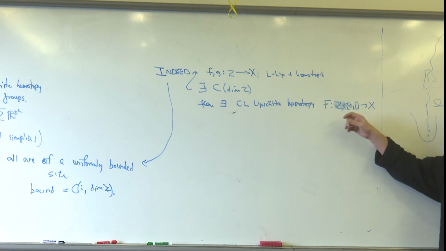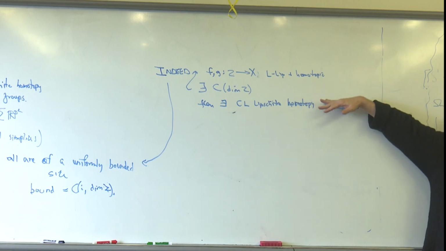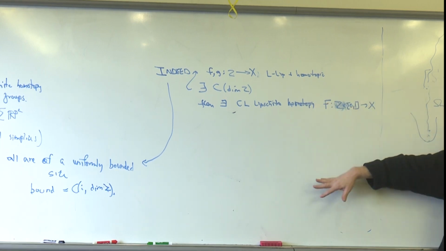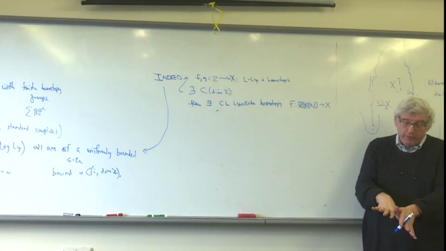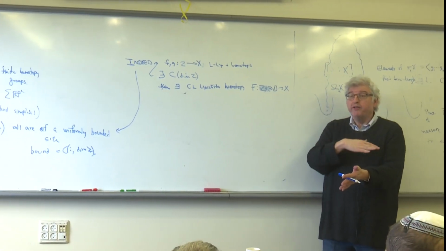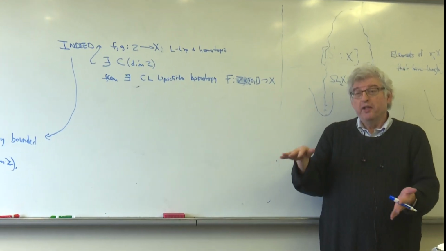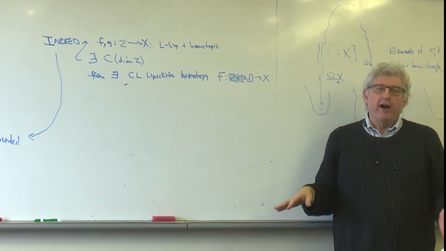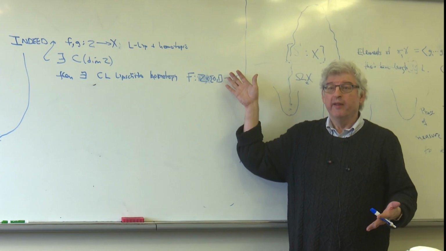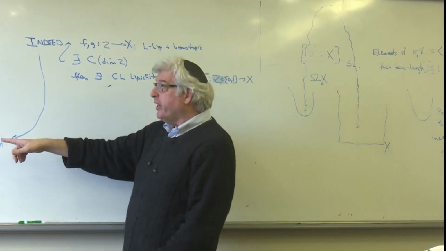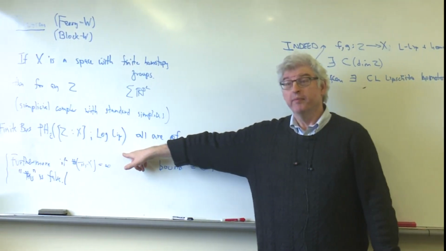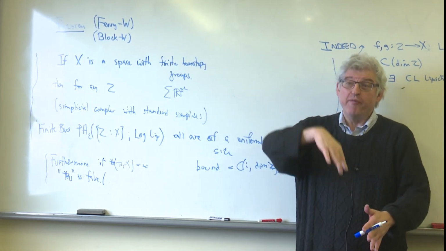Okay? So what's the difference? A homotopy is a one-parameter family of maps, and I'm insisting that at every time in that slice, the maps are CL-Lipschitz. And that's what's really measured by pi_0 of this function space. Can I find a path?